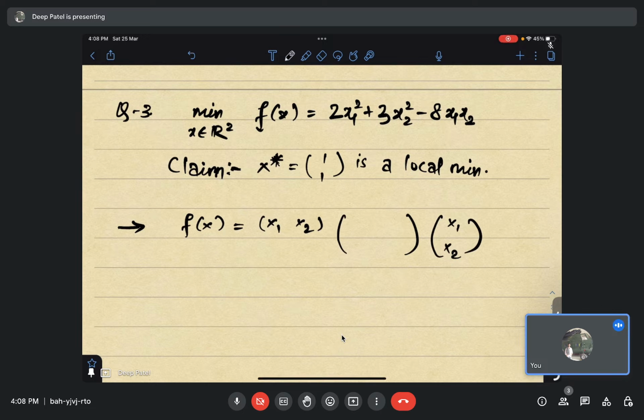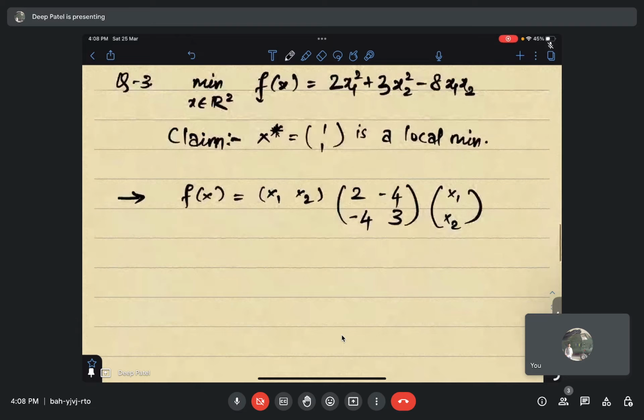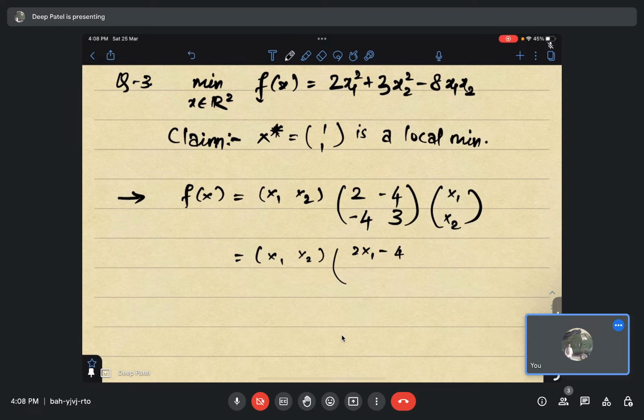This should be 2, 3 on the diagonals. Is this fine? We'll still do the check in case I have made any mistakes. 2x square minus, so this seems fine.